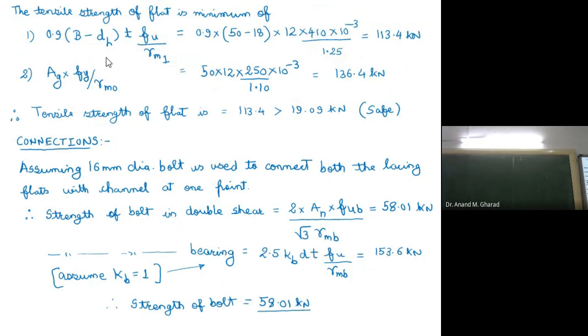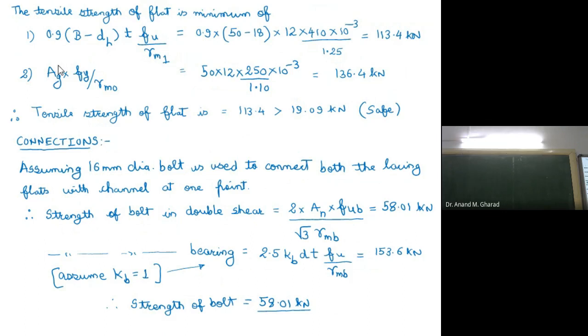ठीक है? Block shear failure, I think I have shown you the complete video related to the block shear failure patterns. There are different modes of failure, and in those modes of failure you will come across this block shear failure pattern, especially for the angle sections. ठीक है? So over here, it is a flat plate.